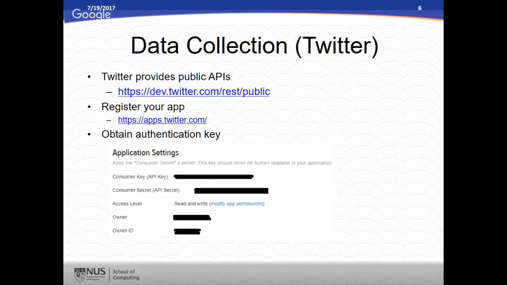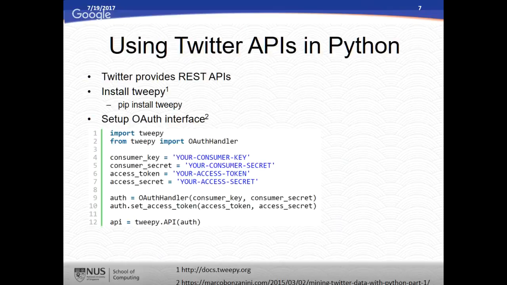As I said, it provides REST APIs, so you can install a package called Tweepy, which is a wrapper over all the APIs so that you can get the data very easily. You have to set up your OAuth interface like this. In a piece of code, you mention all the consumer keys that you get from registering your app at the website, and you can pass on all the tokens here for the authentication to work.